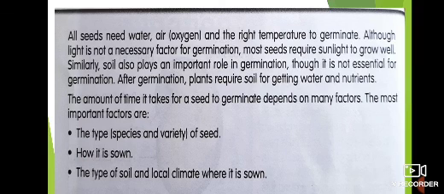Yes, if the climate is very hot, then the seed will germinate very fast, and if the climate is very cold, the germination will be very slow. This process will get very slow because a condition is missing here, that is warmth. As warmth is missing, it will germinate at a slower rate.